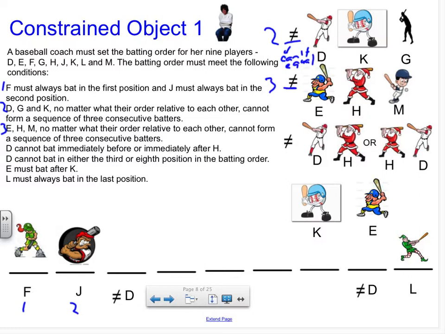They have to be separated. Let's take a look at condition 4. D cannot bat immediately before or immediately after H. So, again, we have the can't equal sign. This is condition 4. D can't come immediately before, or it can't come immediately after H.